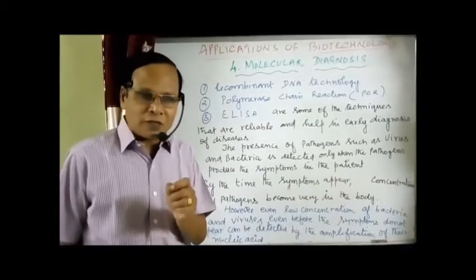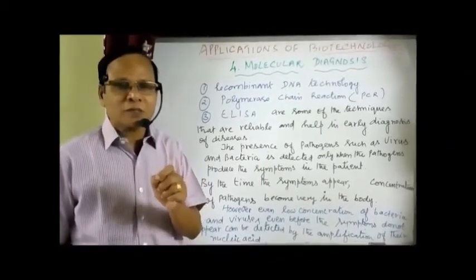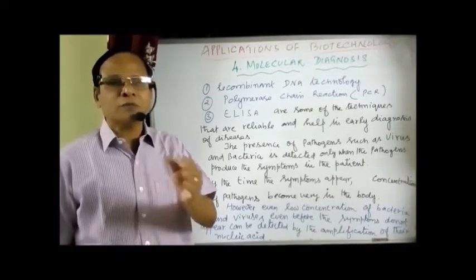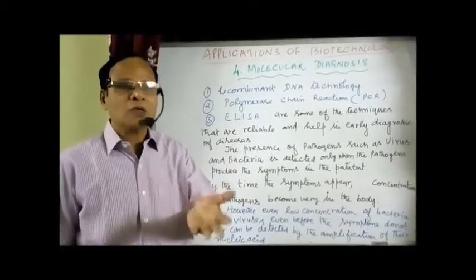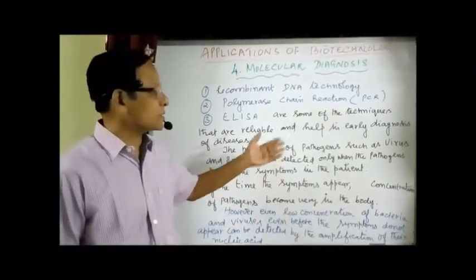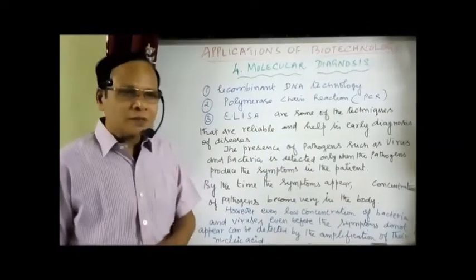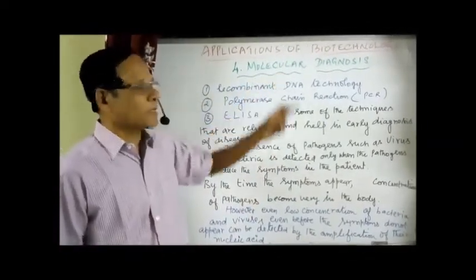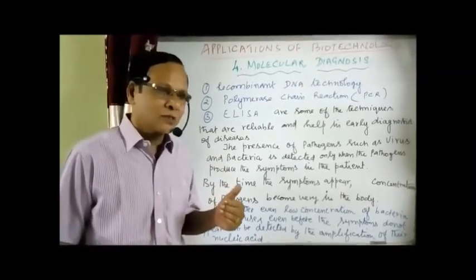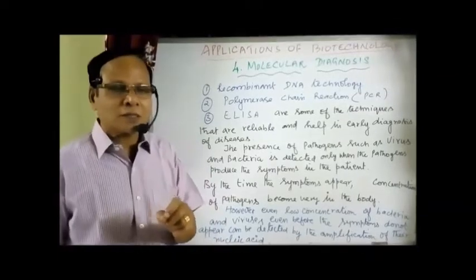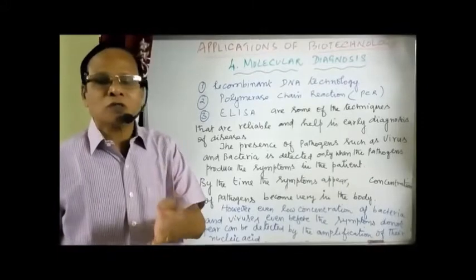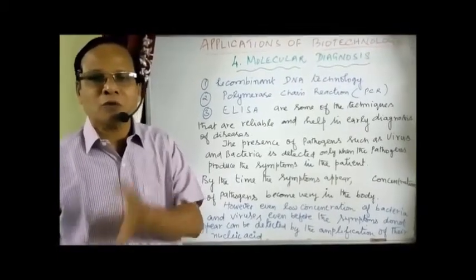So we can find out the presence of bacteria and viruses in the body, even in low concentration, before the symptoms appear. That is the importance of molecular diagnosis. It is a very important method for diagnosing the disease at the earliest time, even before the symptoms appear, and even in low concentration of viruses and bacteria present in the body.